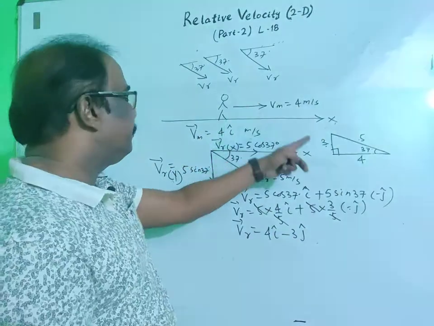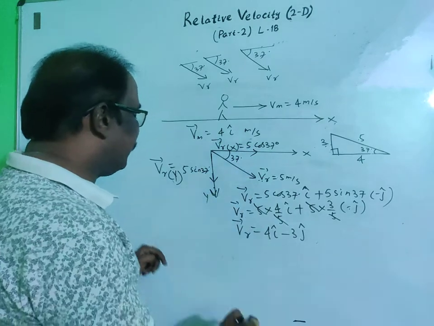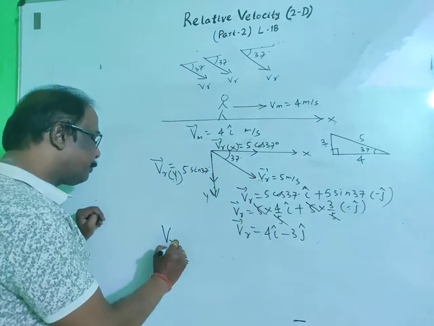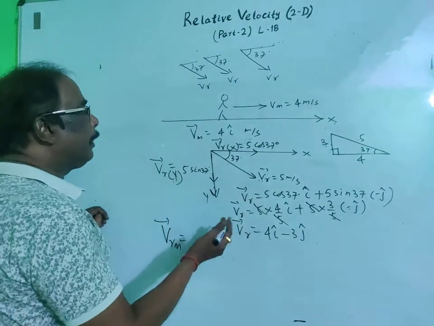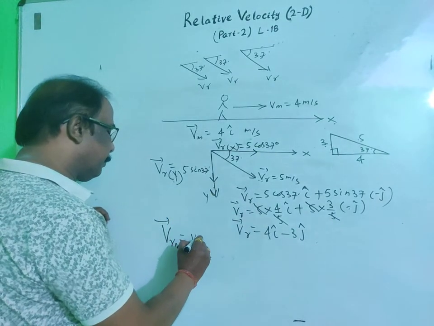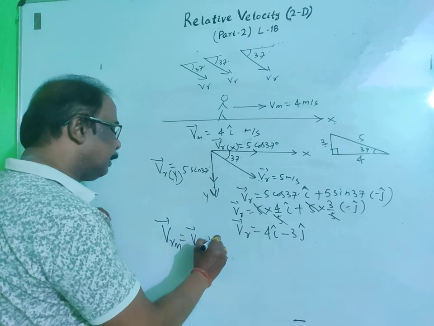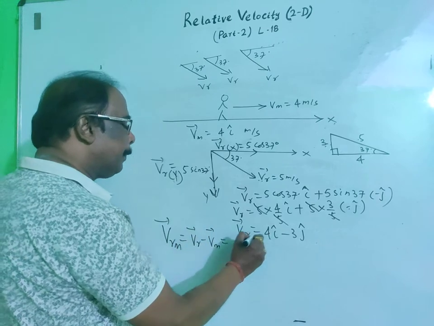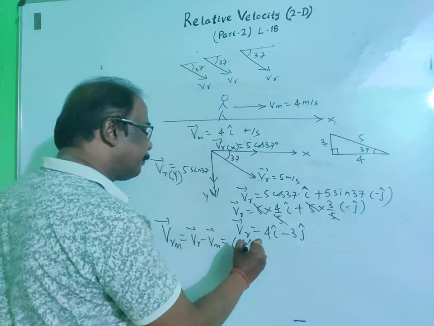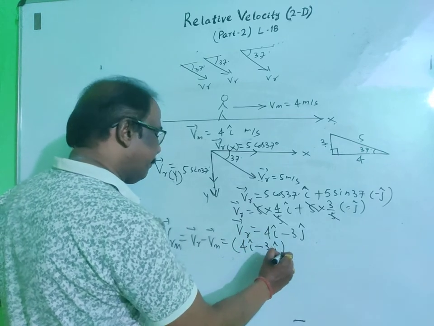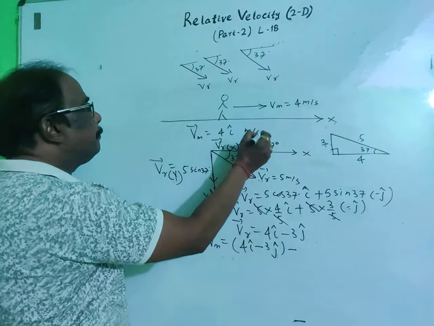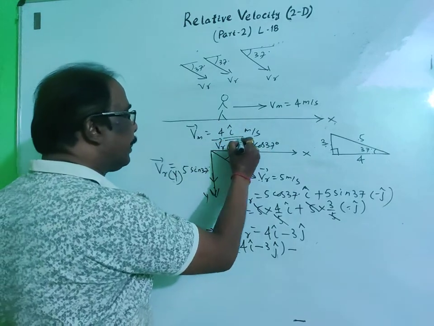And velocity of man is 4 i cap. Then to get velocity of rain with respect to man, we have to take VR minus VM. In place of VR we can write 4 i cap minus 3 j cap, minus velocity of man, 4 i cap.